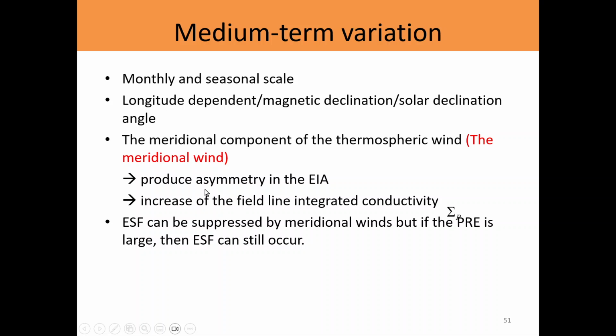This will create asymmetry in the values you obtain. People who study this sometimes study the role of meridional winds on ESF. Sometimes it enhances. You could also have suppression, especially during solstice.